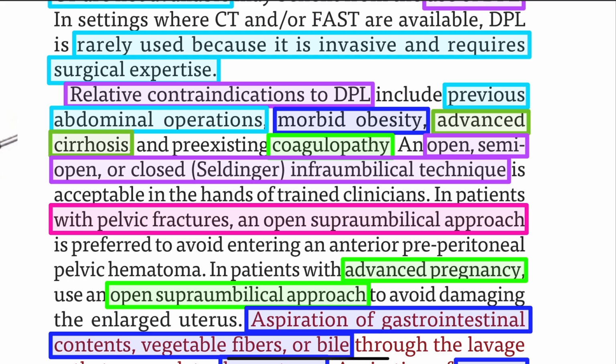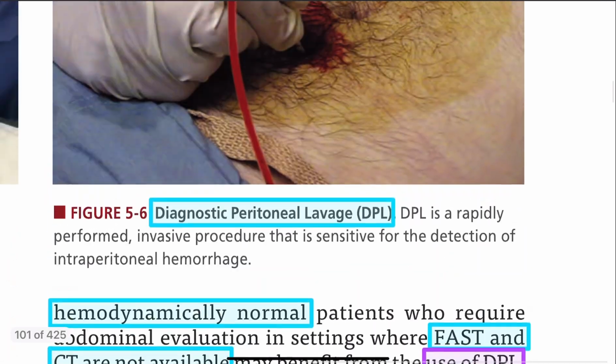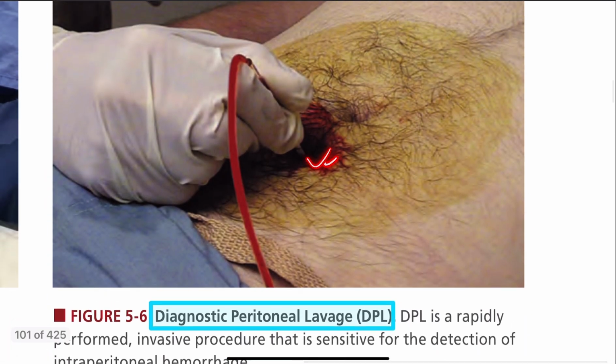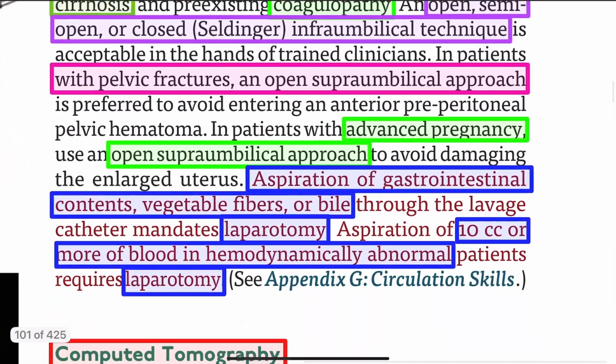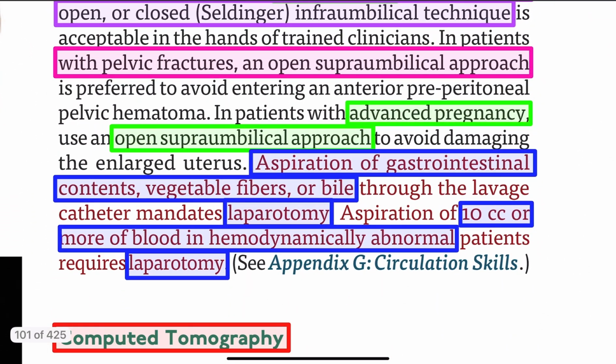It can be done through open, semi-open or closed (Seldinger) techniques, infraumbilical. Most commonly it is done infraumbilical. But supraumbilical is also done in which cases? When there is a pelvic fracture, and when there is advanced pregnancy.